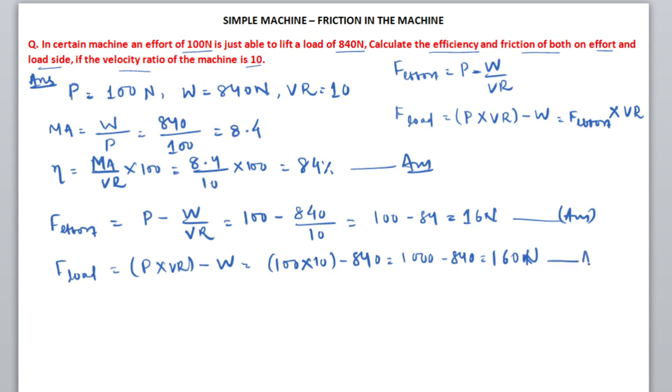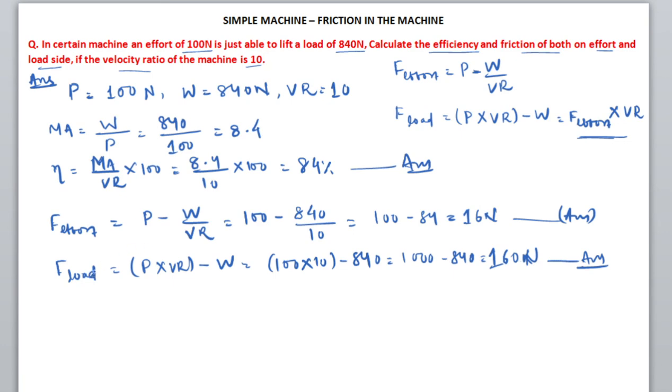This is the answer of third part. If you have used this formula, you will get this answer also. Like your friction in effort is 16 Newton, velocity ratio is 10, you will get 160 Newton. Like that also you can get the same answer.